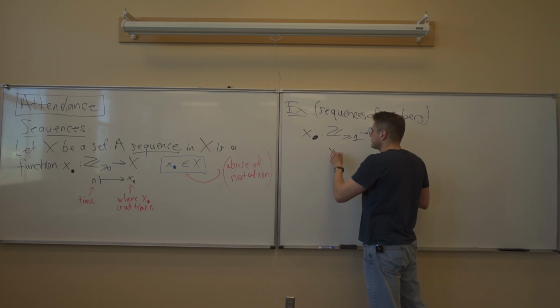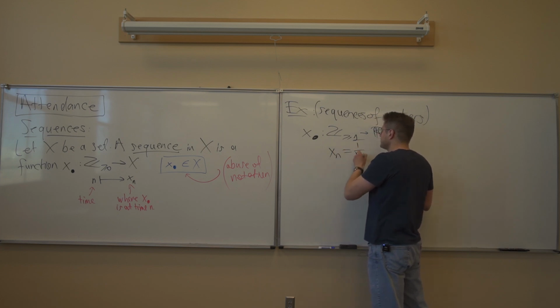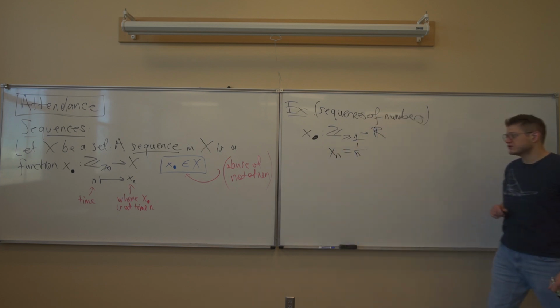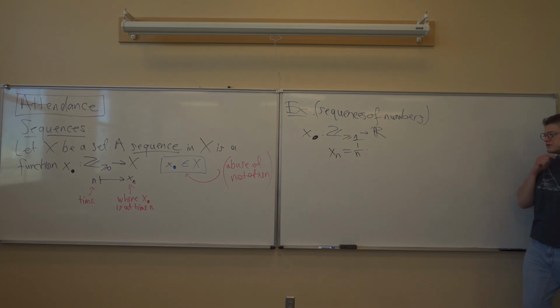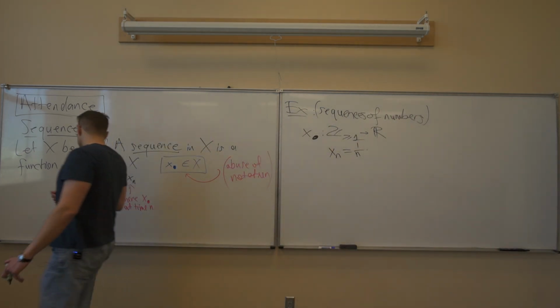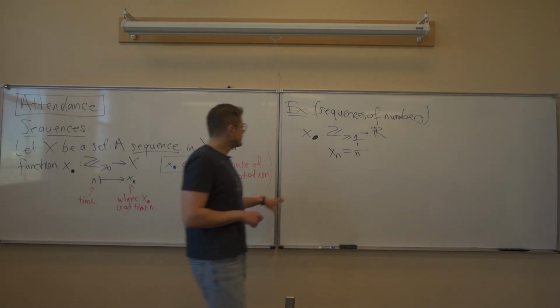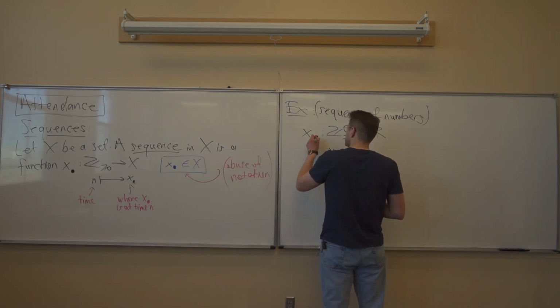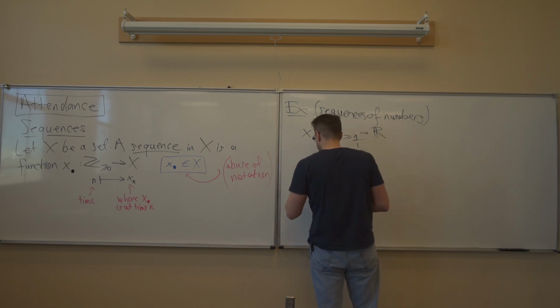Well, x sub n equals 1 over n. This is one way of defining a sequence. So 1, 1 over 2, 1 over 3, and so on. It goes on. Another example, I can define something like this. So this is one example.